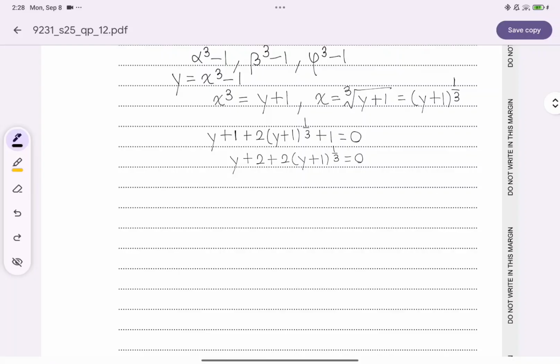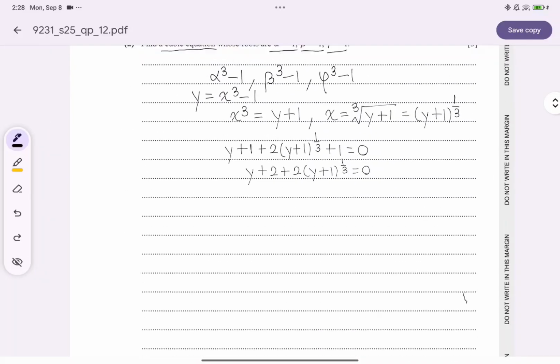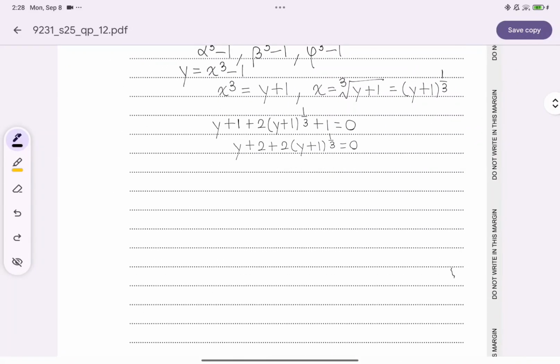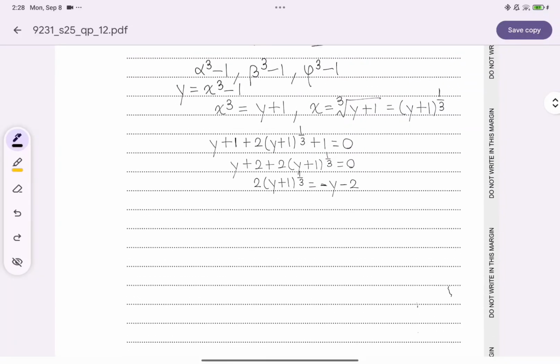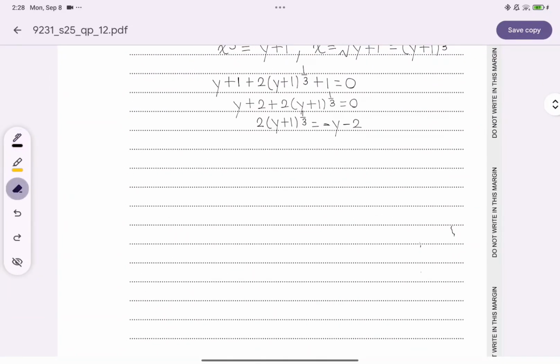To make this simpler, let's make the term with the power of 1/3 the subject of this equation. So this would be 2 times y plus 1 to the power of 1/3 equals minus y minus 2. And here we're going to get rid of the rational power that we have. So in order to do that, we're going to cube both sides.